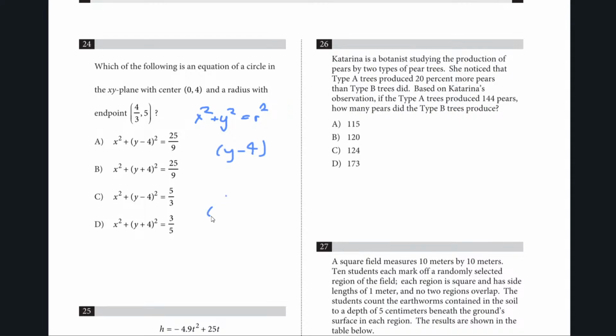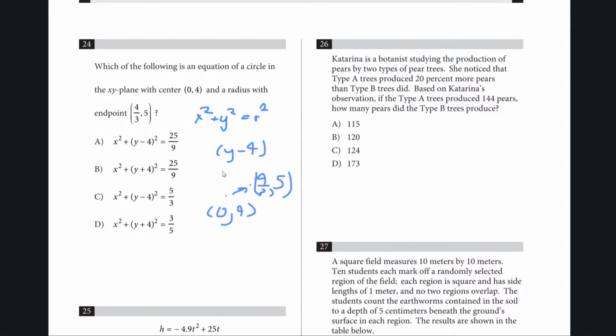So if we have a 0, 4 center, and our endpoint is at 4/3, 5. I'm trying to think, what is the distance between this? Well, the x distance is 4/3 and the y distance is just 1. How to solve this problem is eluding me right now.